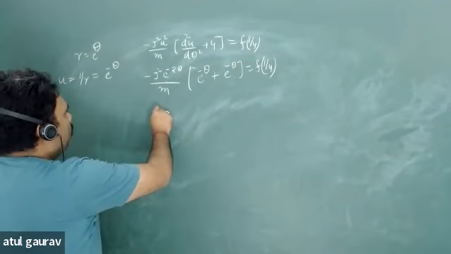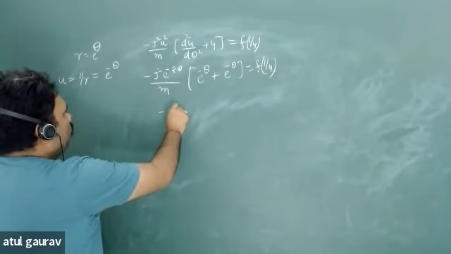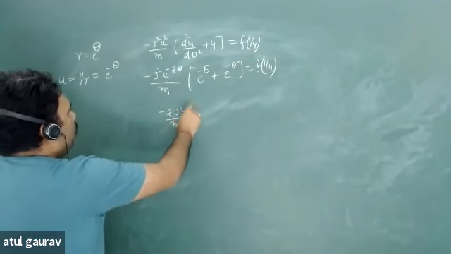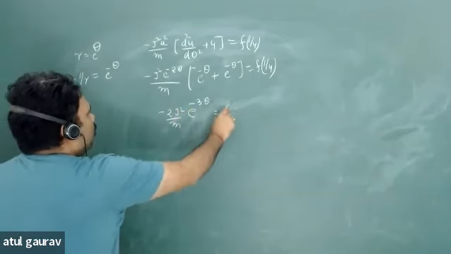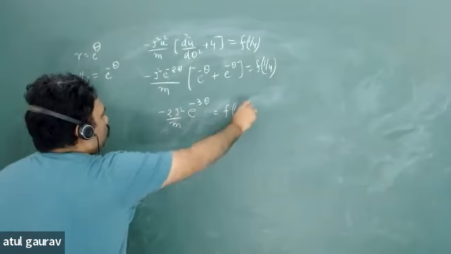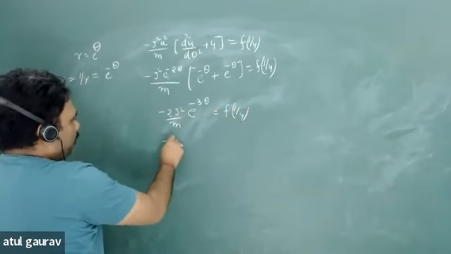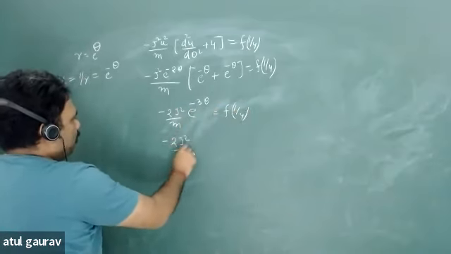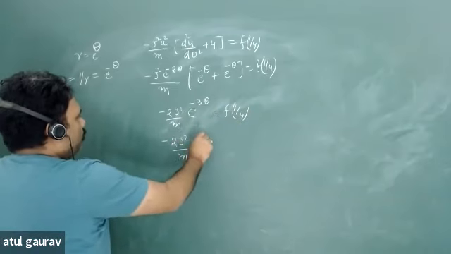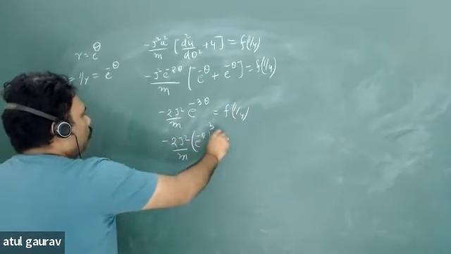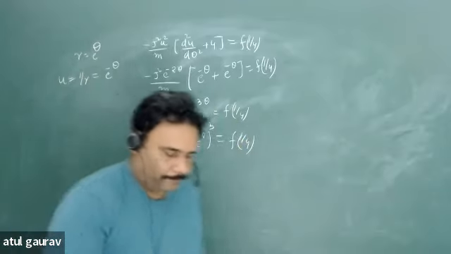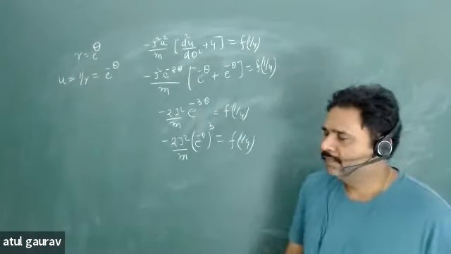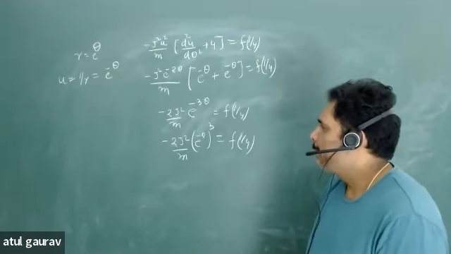So you can have this one, and yes, what is this particular value? क्या होगा ये? Minus 2j square upon m e to the power minus 3 theta is equal to f of 1 by u. Can I write this thing as minus 2j square upon m, e to the power minus theta whole cube, is f of 1 by u? लिख सकते क्या? Yes या no? Yes, sir.